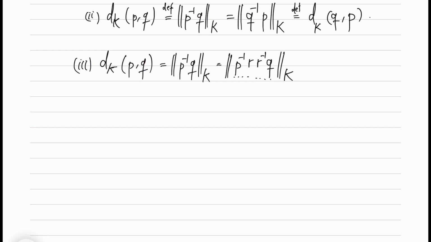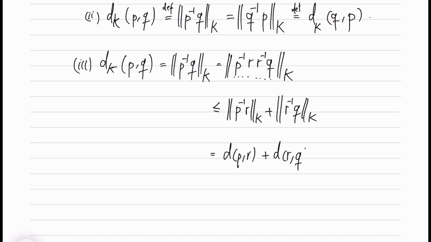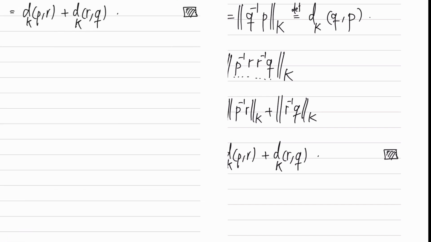And now I use this norm property that this is less than or equal to the norm of each part, plus the norm of R inverse Q. And now by definition, this is equal to the distance of P from R, and the next one is the distance of R from Q, Koranyi distance. And by completing the triangle inequality, we have proven that this is indeed a metric.